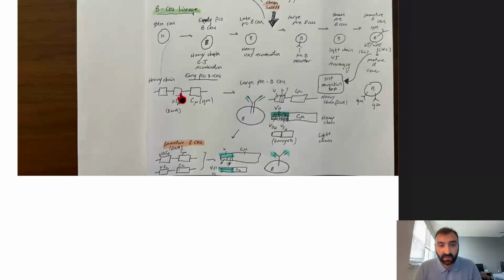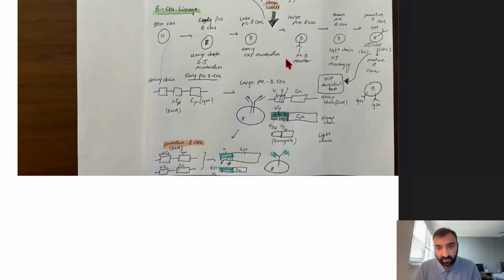And then these are the D and J segments of the heavy chain DNA. When you're making your large pre-B cell, which is right here, this is demonstrating where in the DNA we're talking about. So these are the segments of V, D, and J. This is the actual heavy chain, and it's combined with a surrogate light chain.